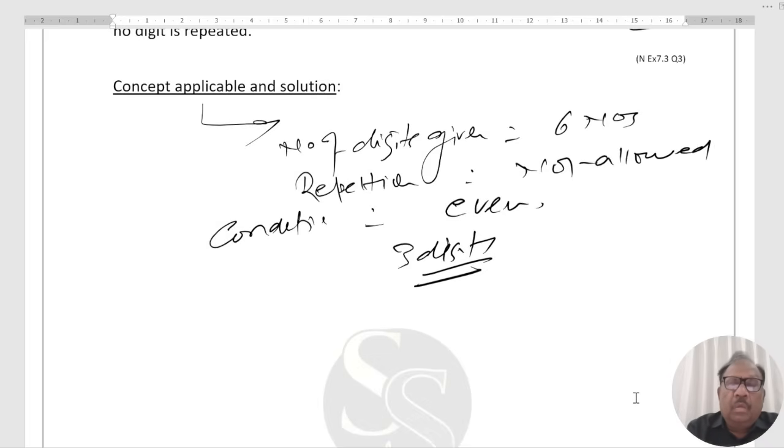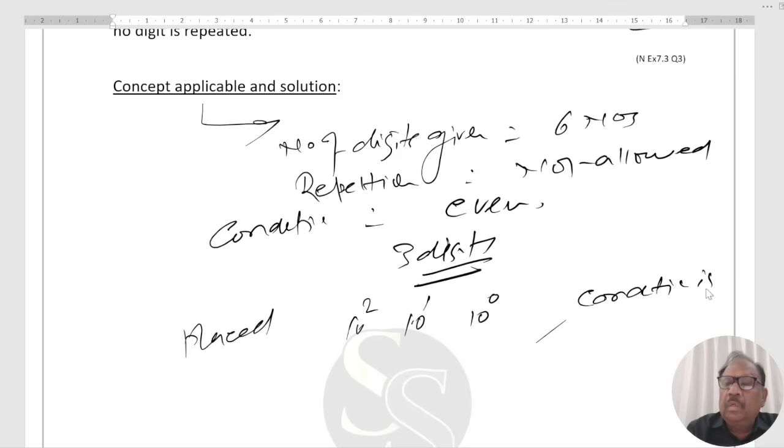Now, 10th place, 100th place. Condition is even number.